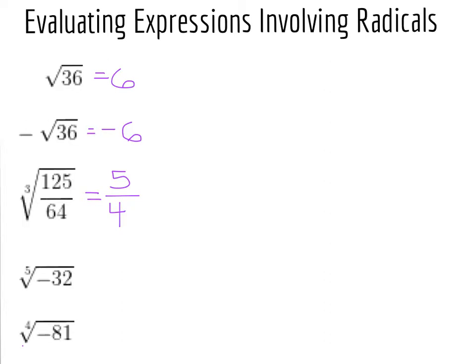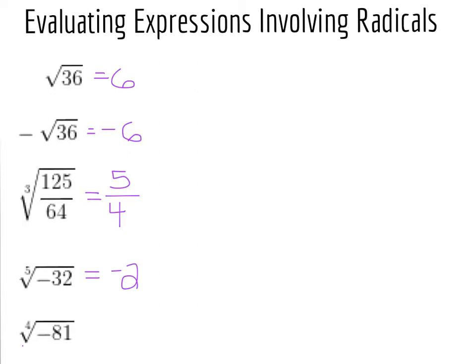Our next example is the fifth root of negative 32. This is equal to negative 2 because negative 2 to the fifth power is negative 32.